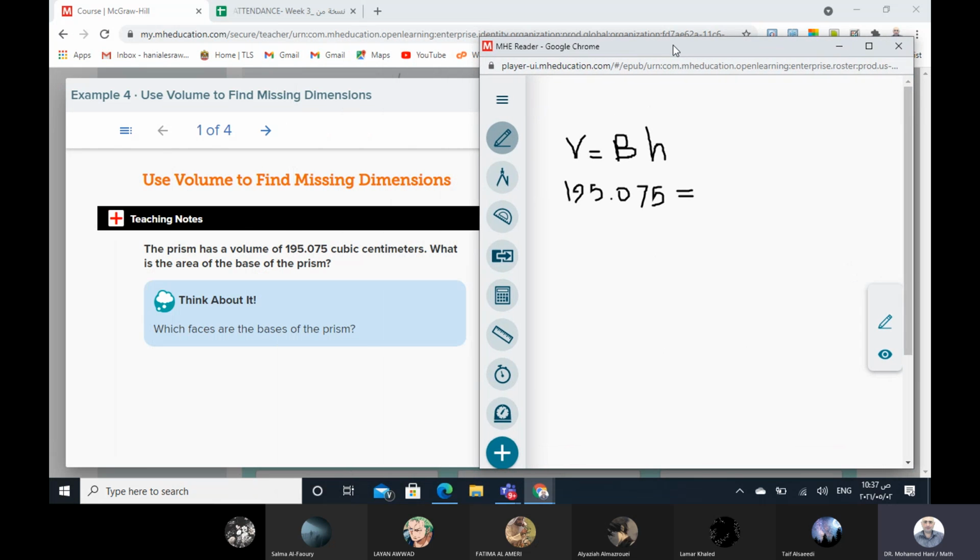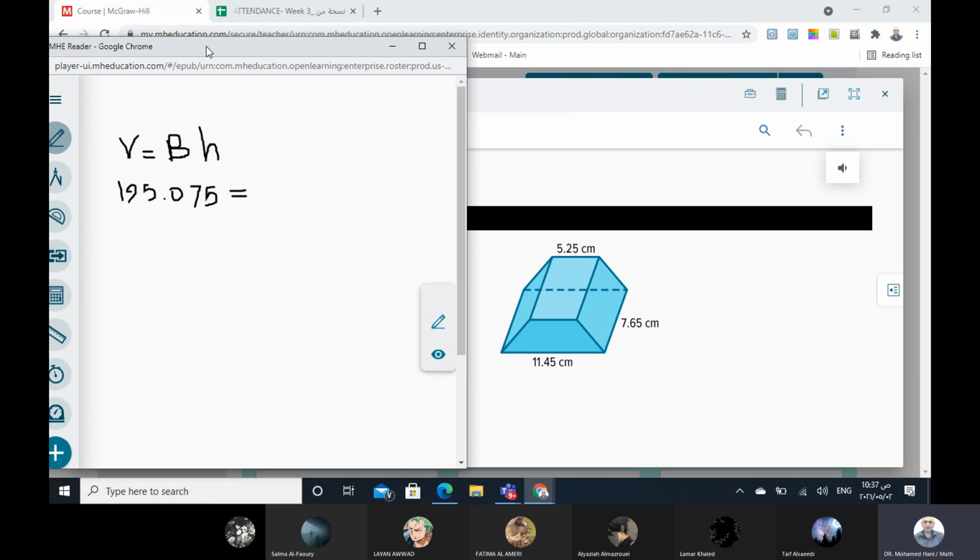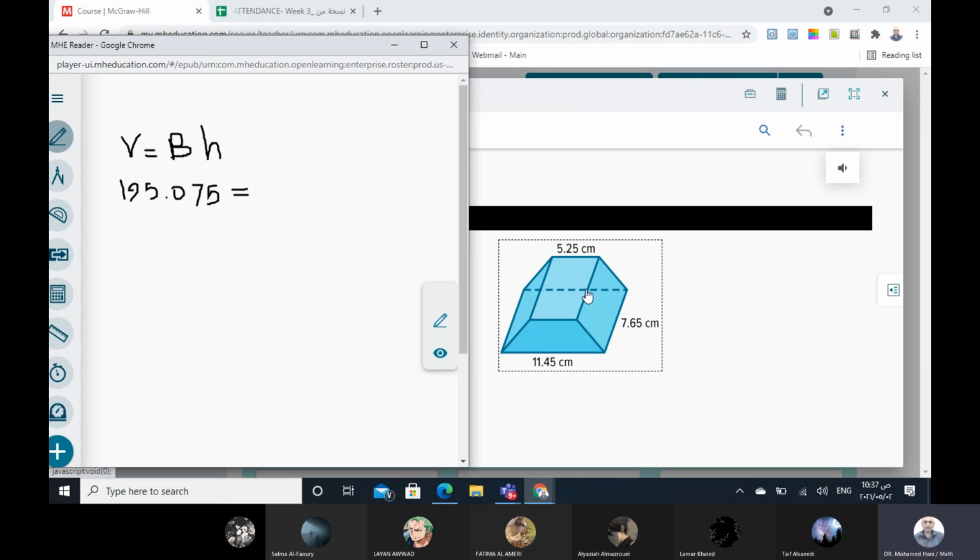As you see here in the question, what is the area of the base of the prism? Where is the base of the prism? This is the base of the prism. Times the height.